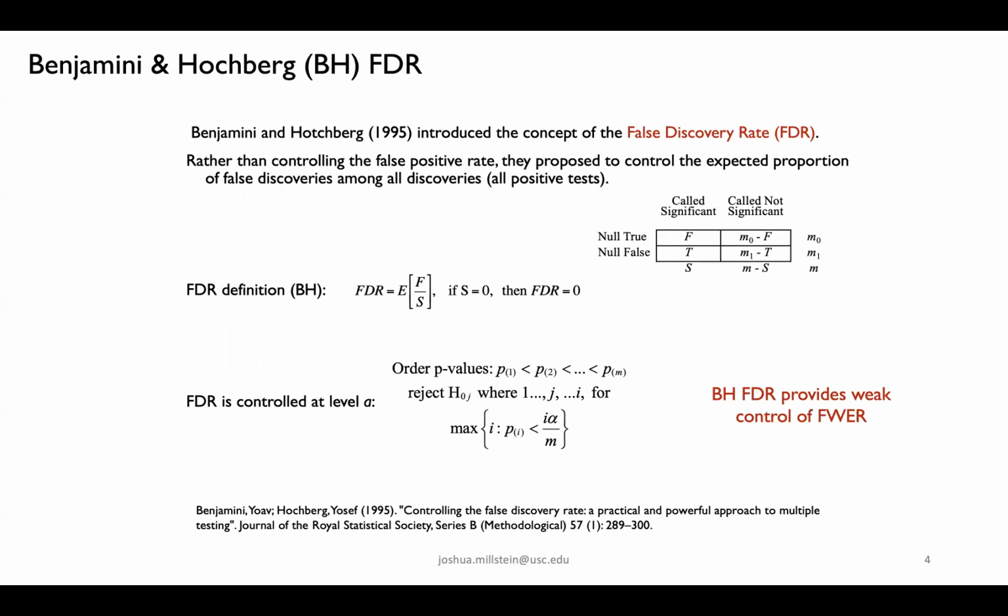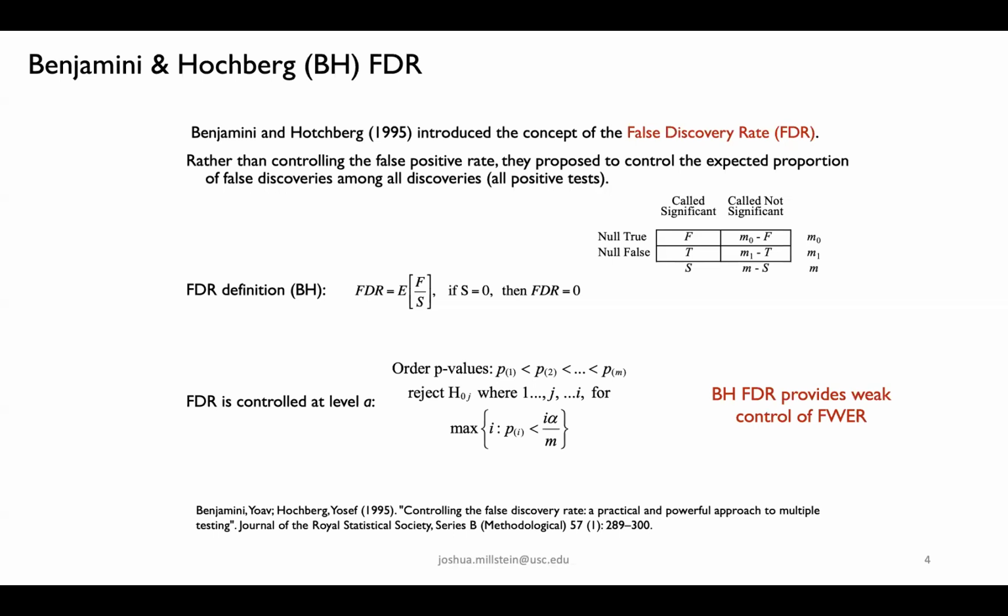So FDR was first proposed by Benjamini and Hochberg in this paper, and it was a groundbreaking idea at the time, because rather than controlling the absolute rate of error, they proposed to control the false discovery rate, which is the rate of false null hypotheses within our discoveries.